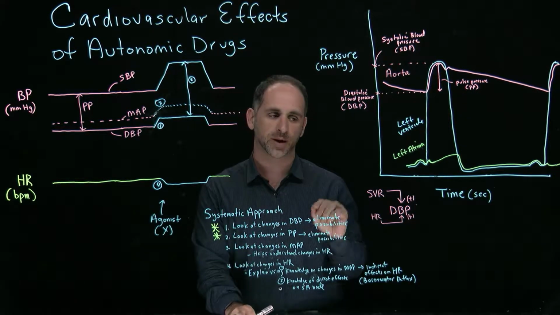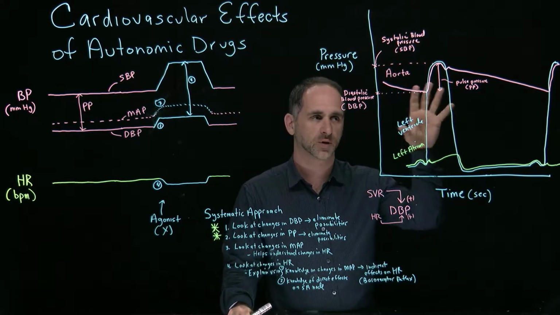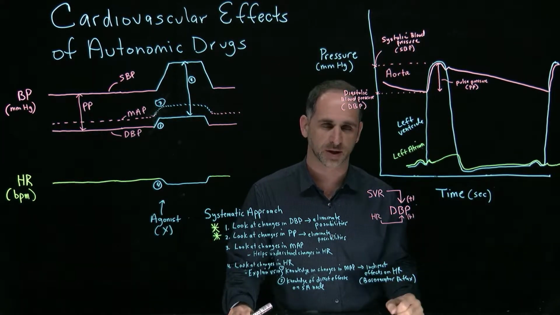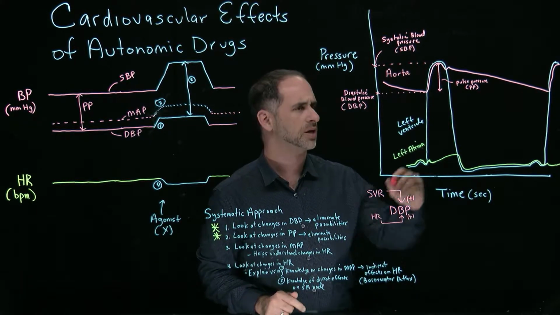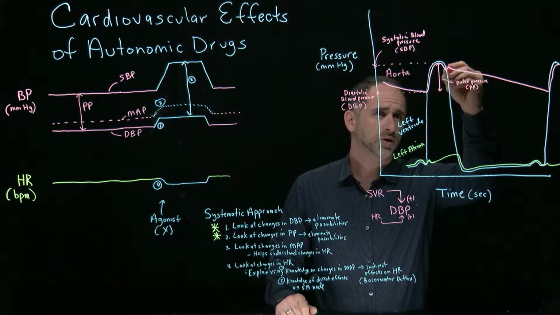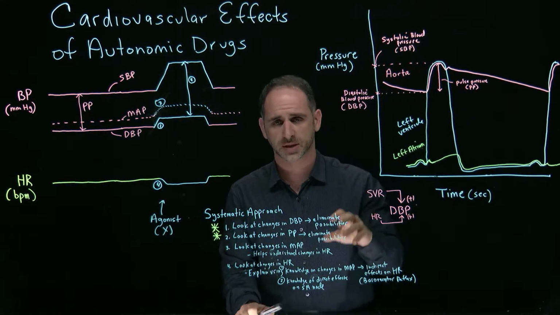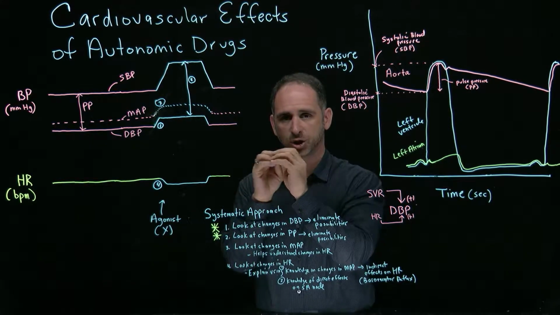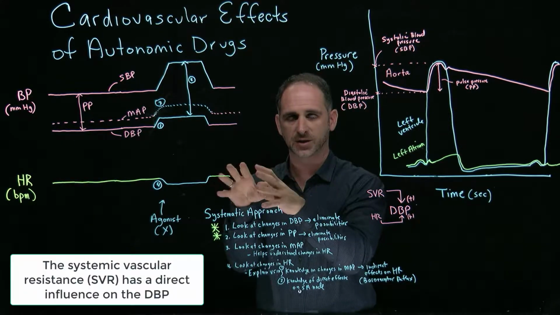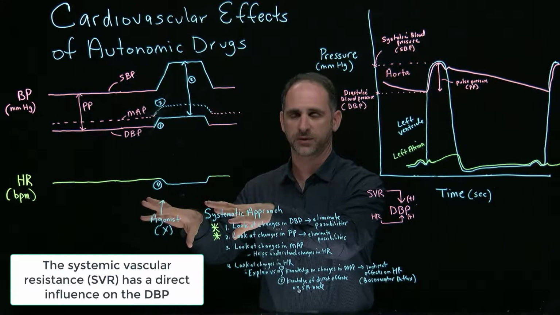Let's take a look about why this is the case using the Wiggers diagram that we still have up on the board here. Let's start with the systemic vascular resistance first. So you notice that after this dicrotic notch, and that's where the aortic valve closes, what's happening is the blood that was ejected from the left ventricle into the aorta is now running off to the various parts of the body.